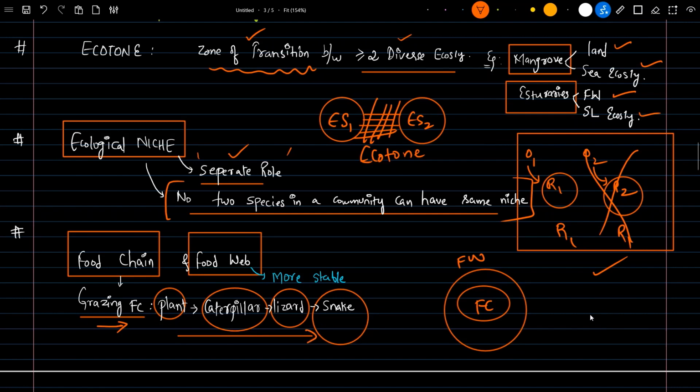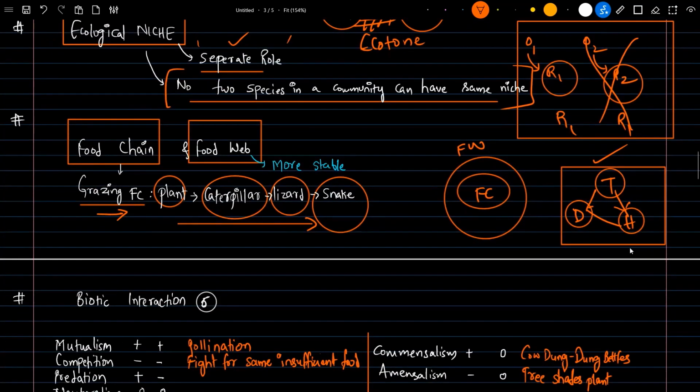If it consists in the form of a web, there will be a deer, a tiger, and a human. A human can eat a tiger, a human can eat a deer, though of course it is not legal, and a tiger can also eat a human, which is quite possible. So this kind of web is forming. If related to food this kind of web is forming, then it's called the food web.